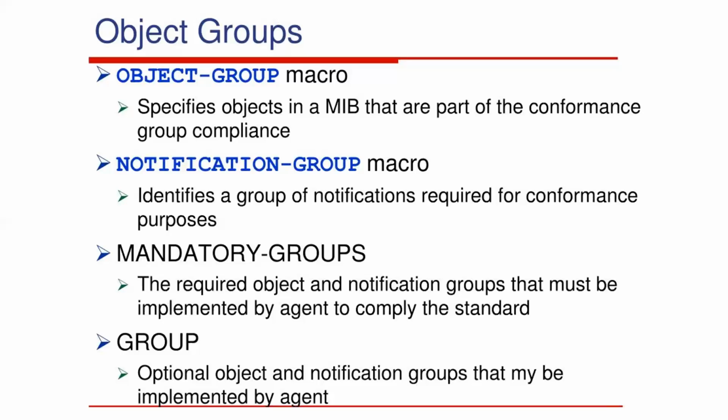From that object identifier, we identify the group of notifications required for conformance purposes, right? Then mandatory groups. Mandatory groups are the required object and notification groups that must be implemented by the agent to comply with the standards. Then optional groups are object and notification groups that may be implemented by the agent.